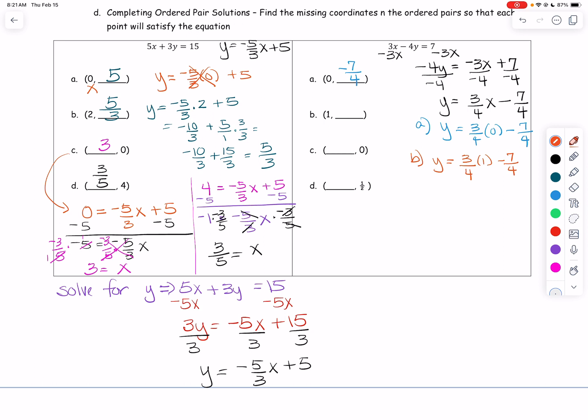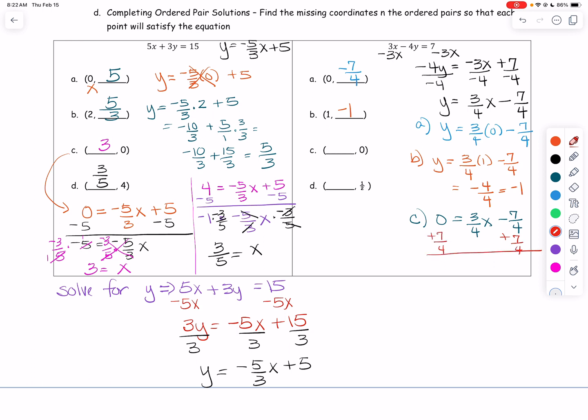So 3/4 minus 7/4 is negative 4/4, which makes negative 1. Okay. Then we go to C. Now we have y, which is 0, is equal to 3/4 x minus 7/4. We're going to add 7/4.